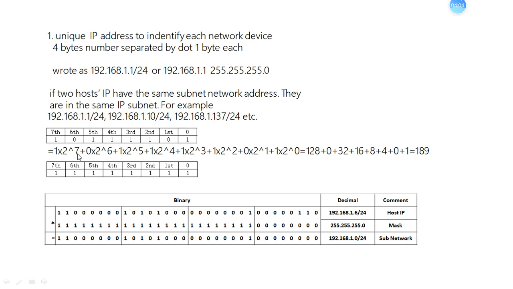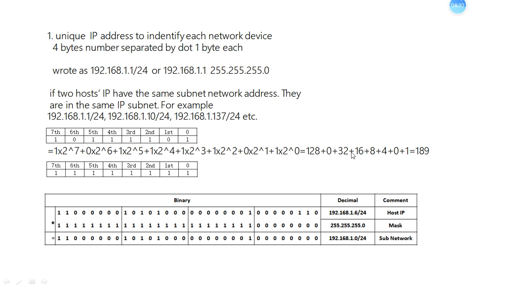Plus 0 times 2 to the power of 6, okay, plus 1 times 2 to the power of 5, all the way to bit 0. This is the 0 bit, right? The 0 bit is 1 times 2 to the power of 0.